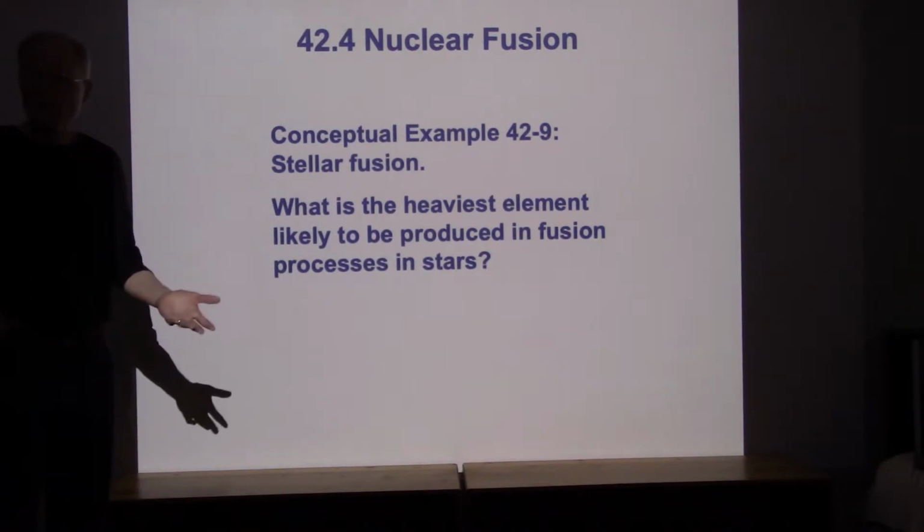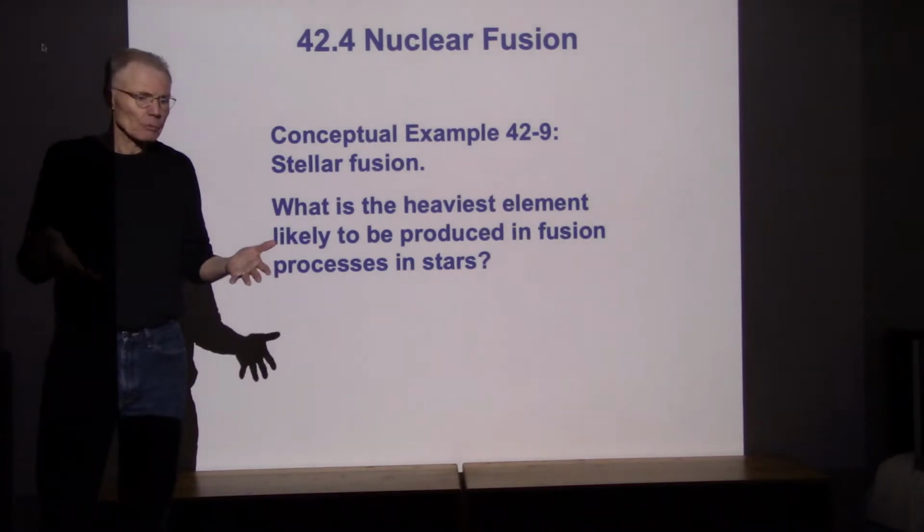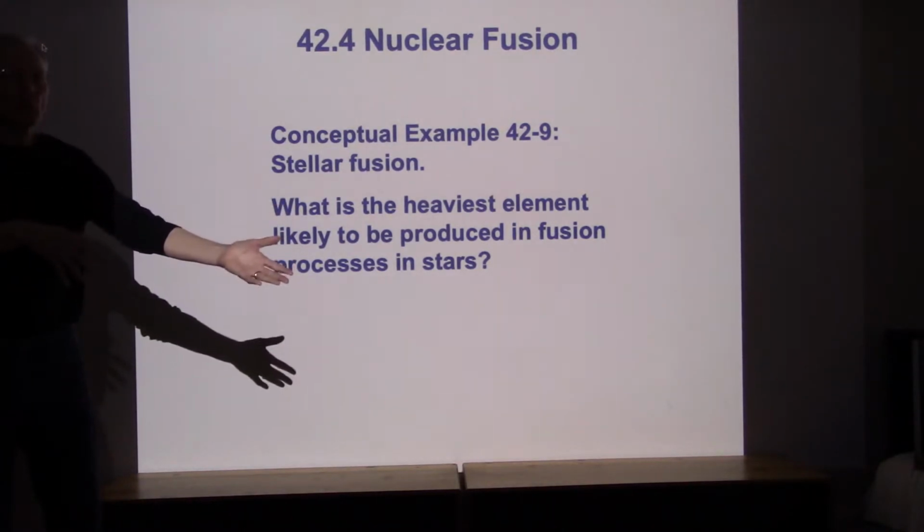So the heaviest stars, the high mass stars that are out there, have enough gravitation to create extreme enough conditions in the core. We don't expect the sun falls into that category.